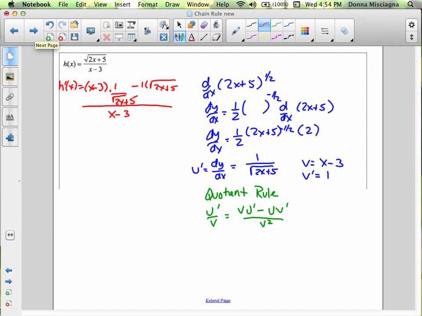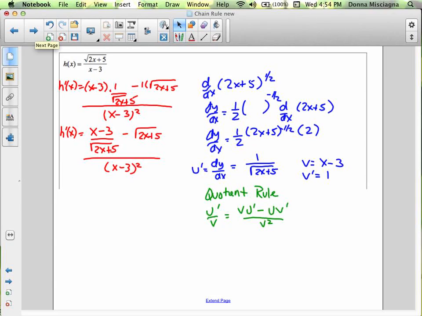All right, let's simplify this a little bit, and we're going to have to get rid of that complex fraction. So we have (x minus 3) divided by 2x, the square root of 2x plus 5, minus the square root of 2x plus 5 divided by (x minus 3) squared.